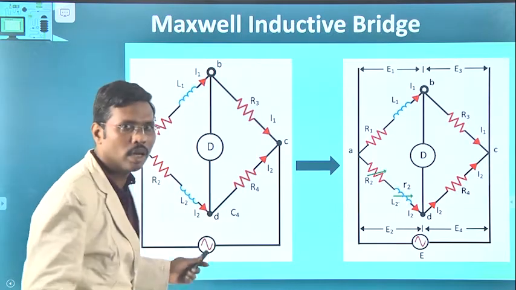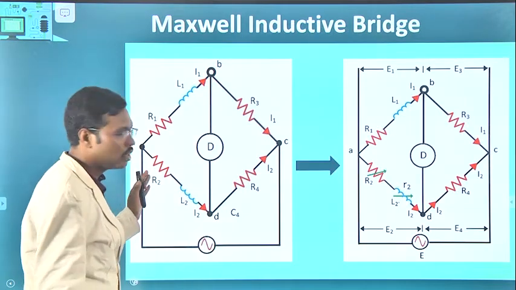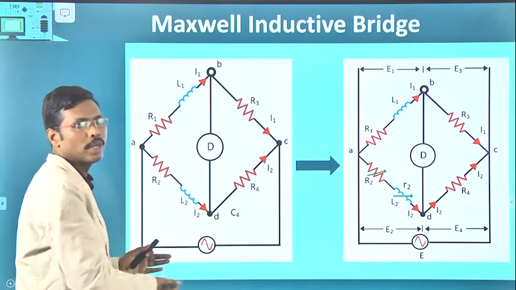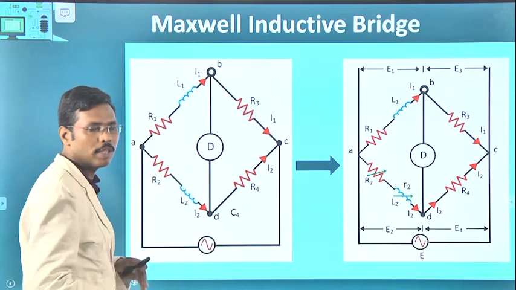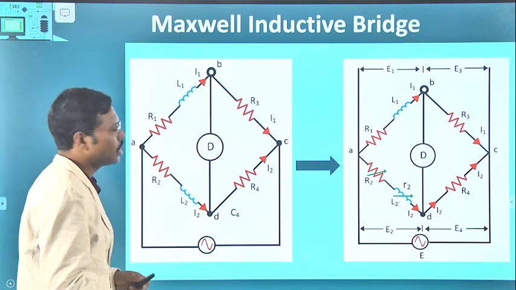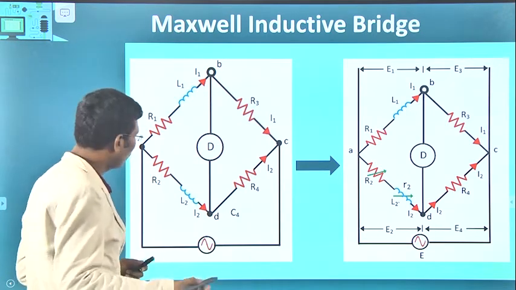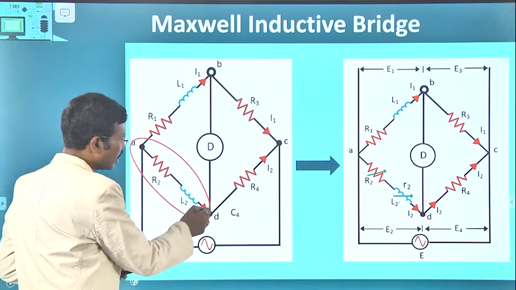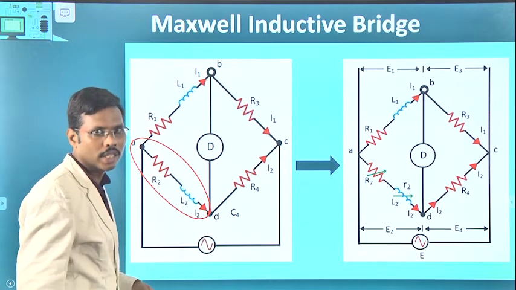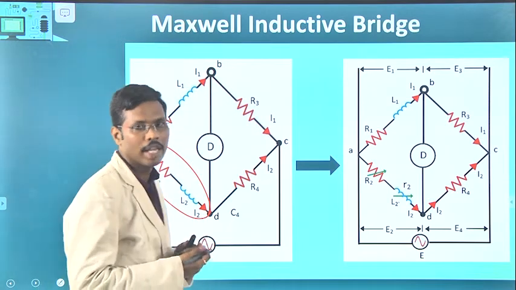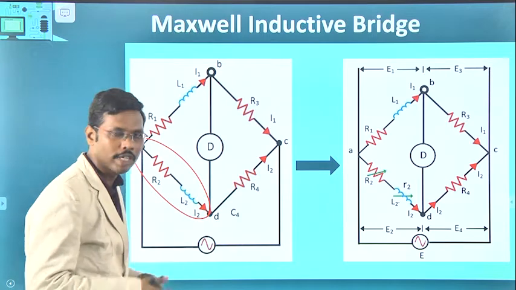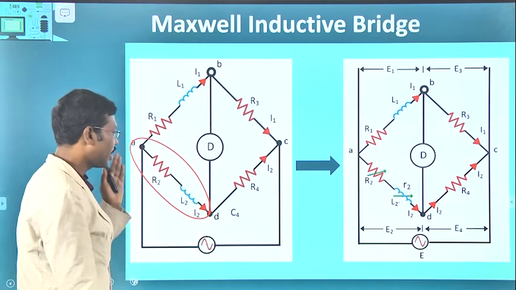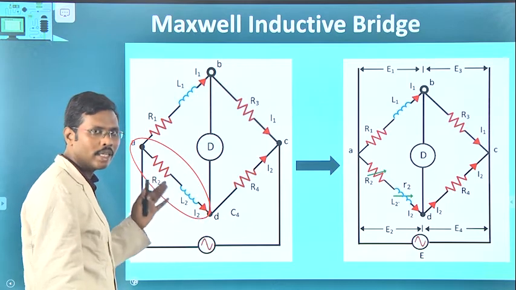Here we have the general form of an AC bridge circuit and also the Maxwell inductive bridge. If you observe the variations between these two bridges, there is not much variation except in the arm AD. In the general purpose AC bridge, in the arm AD we have a standard resistor R2 and a standard inductor L2.